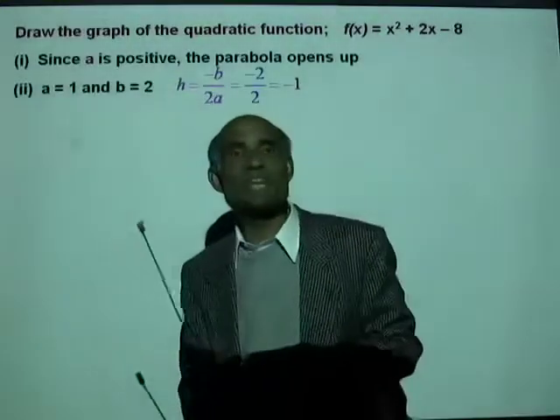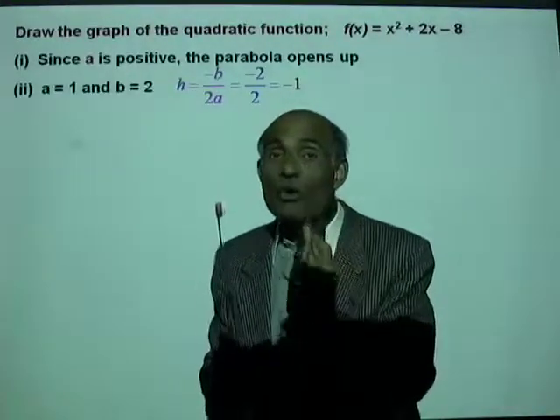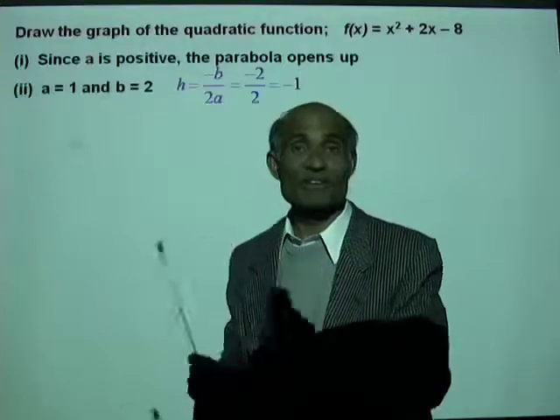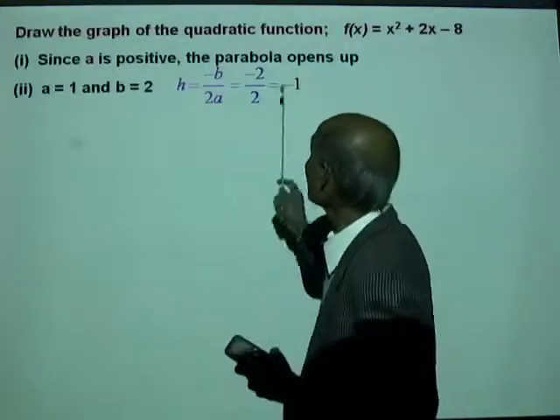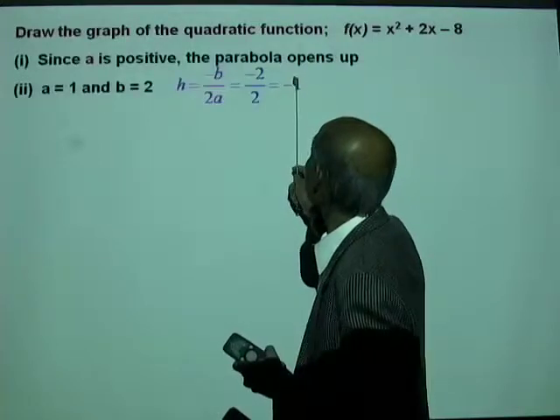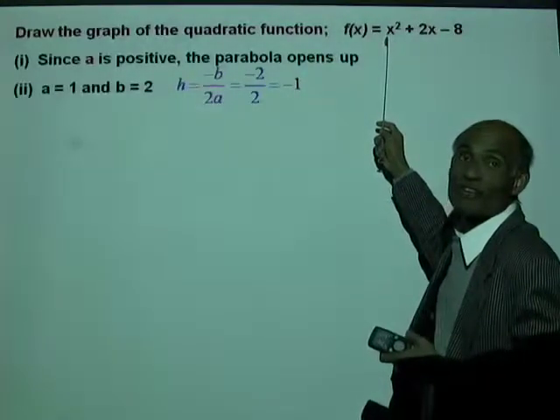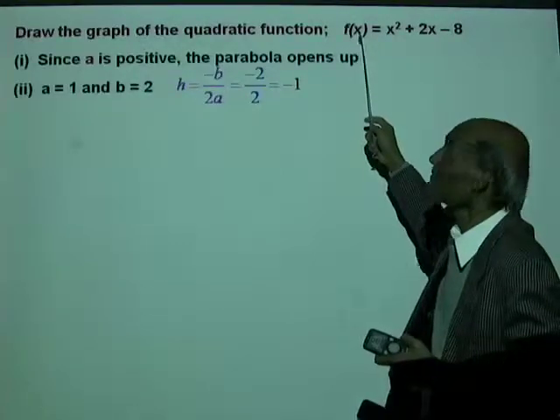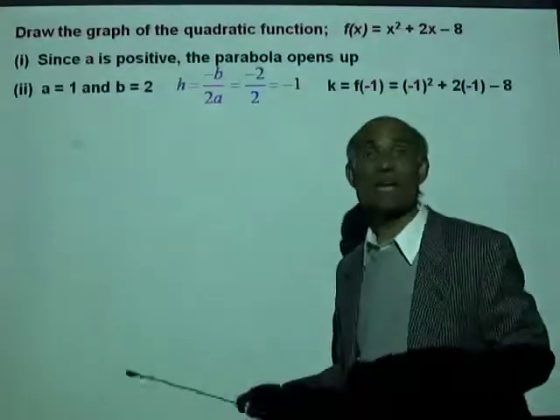and therefore h equal to -1. Now, h is the x-coordinate of the vertex, and therefore, how do you find k? To find k, you take this -1 and use it for x. In other words, find f of -1. F of -1 will give you k.